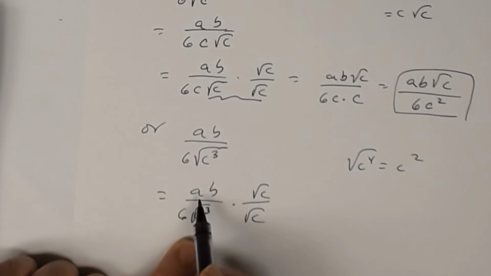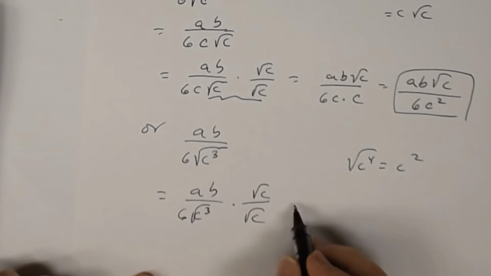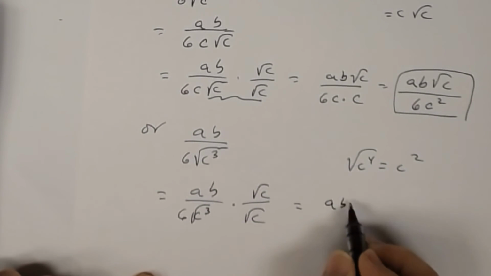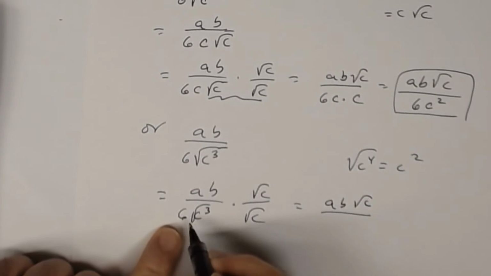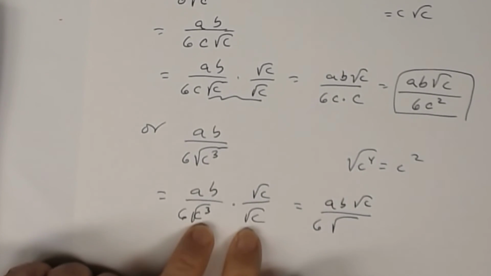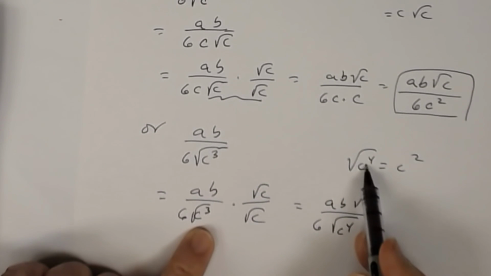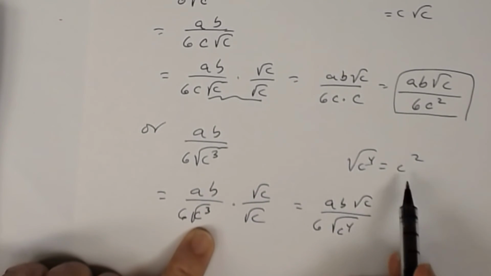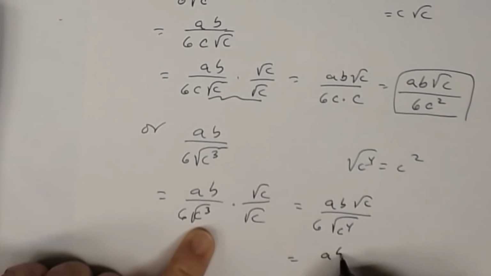And so then I get ab square root of c divided by 6 times the square root of, and then the square root of c cubed times the square root of c is the square root of c to the fourth, and we know the square root of c to the fourth is c squared, so I get ab square root of c divided by 6c squared, and there's your answer.